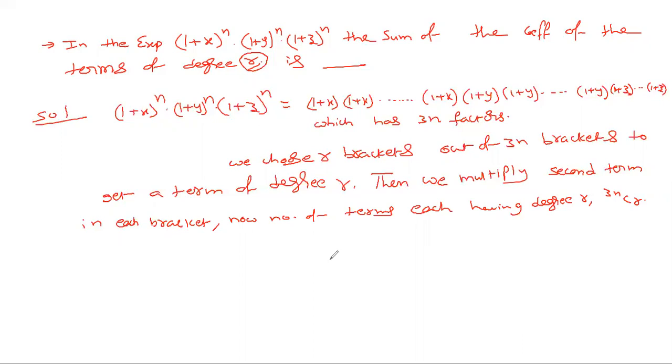So individually the coefficient will be 1. So if you add all the coefficients, then it will be equal to the number of terms. So we can write, hence the sum of the coefficients will be 3n C r. I think it is very clear for you.